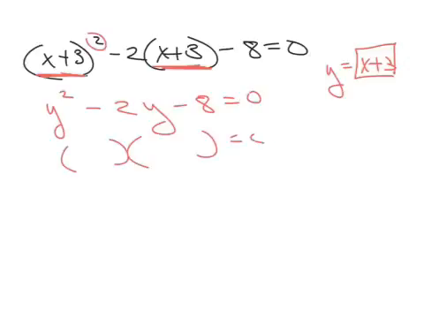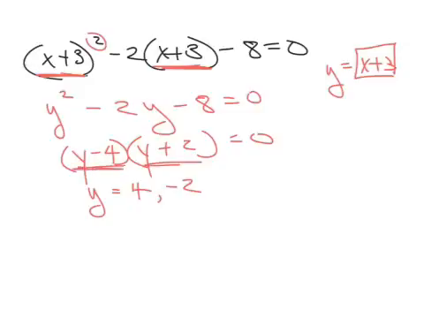Let's see what we can do here. We break it down into two binomials, and we have y, and we have y, and a 4, and a 2, and a negative, and a plus. And my y then equals 4, and it also equals negative 2. But the question is, were we looking for y up here? No, there's not a y in this whole equation.